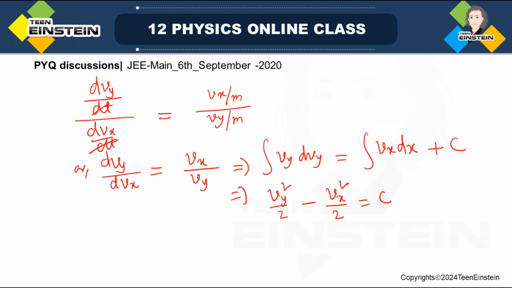We can do another way also, then the constant I will just change, vx square minus vy square is equal to minus 2c, which I am taking as another constant k. Okay, all right, now I have got a relation between vx and vy.